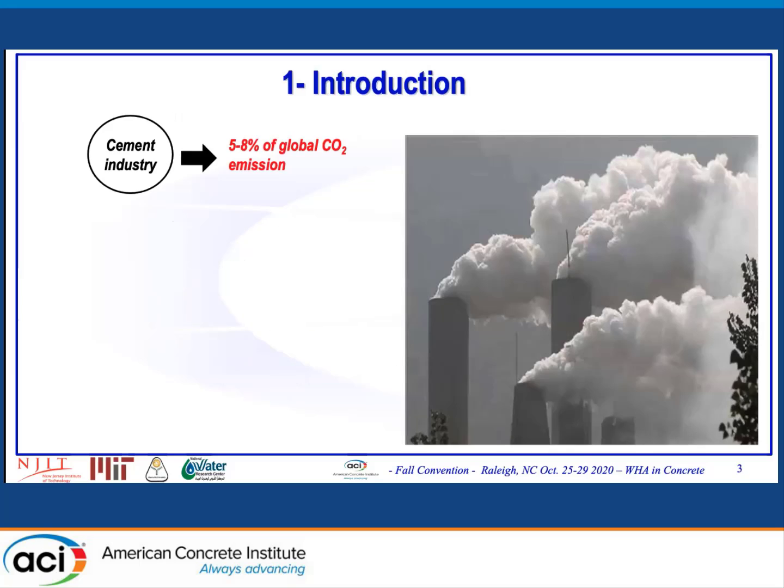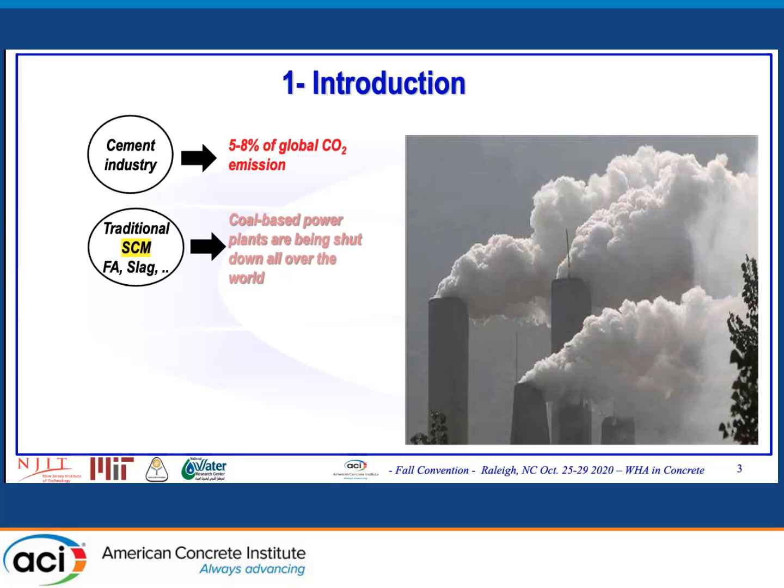So most of us know that the cement industry contributes to global environmental CO2 emissions by about 5 to 8%. And a few decades ago, they started to use SCMs like fly ash and slag to reduce this effect.